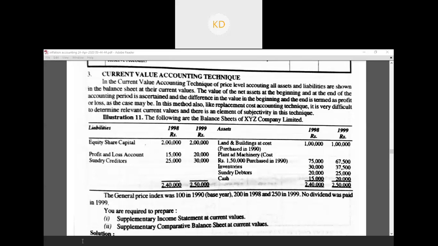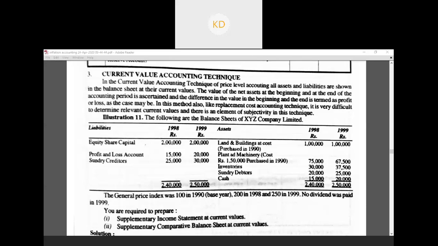When I am doing conversion factor, keep in mind my land and buildings which are there at cost, they are purchased in 1990. So their denominator will be the 1990 price index. Plant and machinery is purchased in 90. Their denominator will be 100 as the price index, 1990 index.